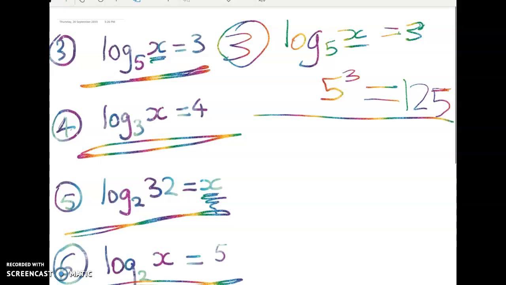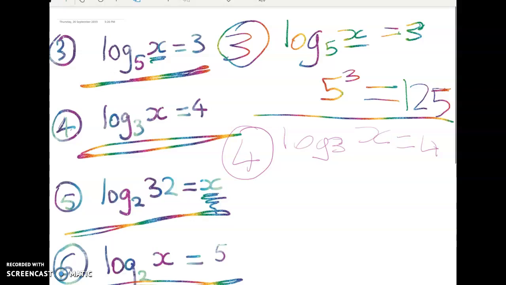Okay, number 4. You've got log to base 3 of x equals 4.